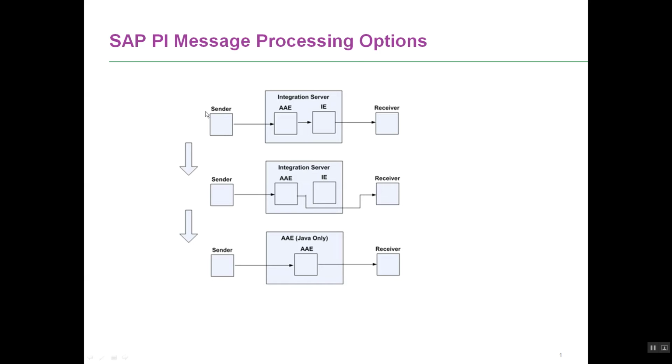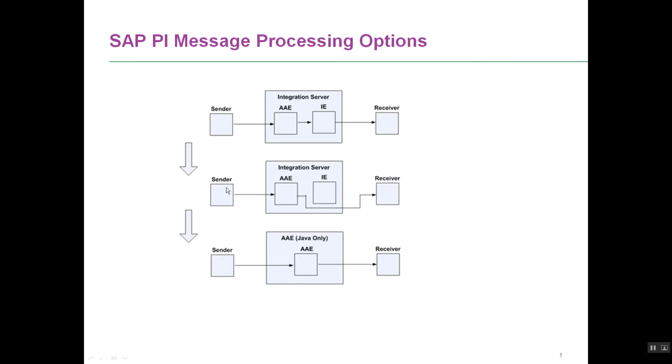Now, this architecture of PI evolved into one of the newer features of PI, where SAP said, why don't we do local message processing through the adapter engine? What do we mean by local message processing through the adapter engine? If you look at this picture, the integration engine is not involved at all.